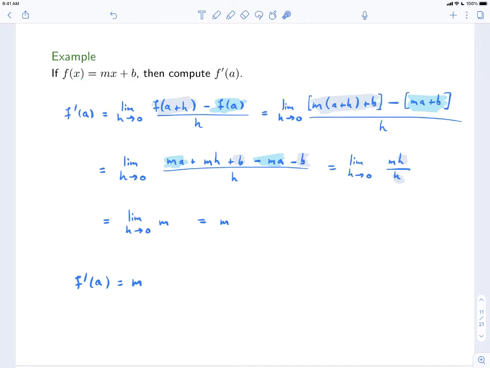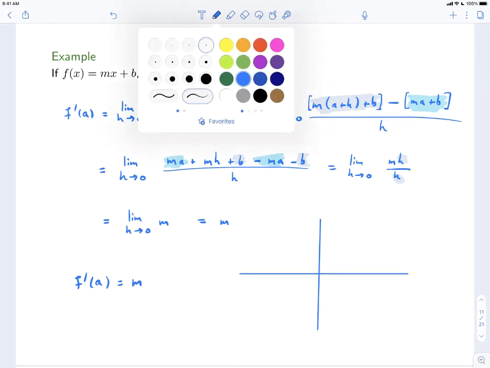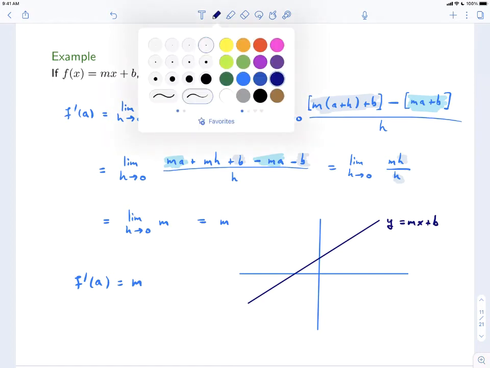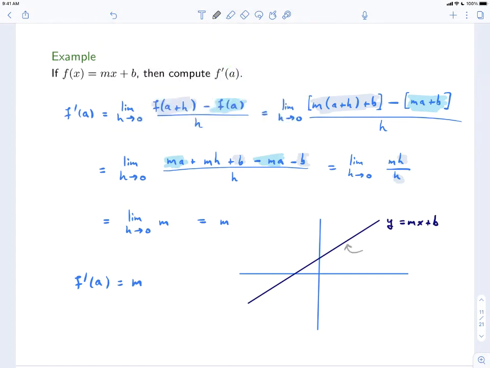So instead of giving you the slope of the tangent line, it's giving you the slope of the line you started with. So if we have the graph of some function which is linear, so this is y equals mx plus b, then that means that the slope of this line is m.